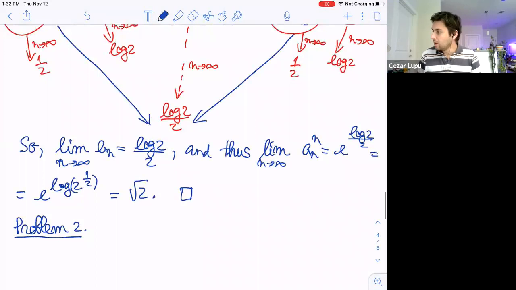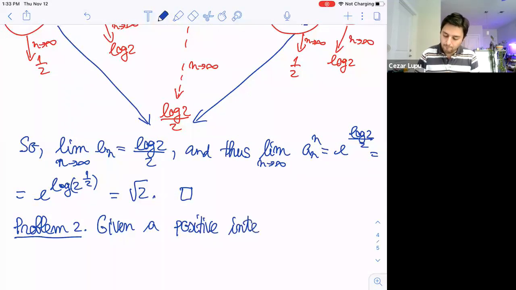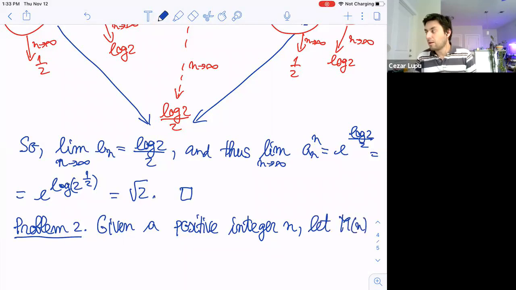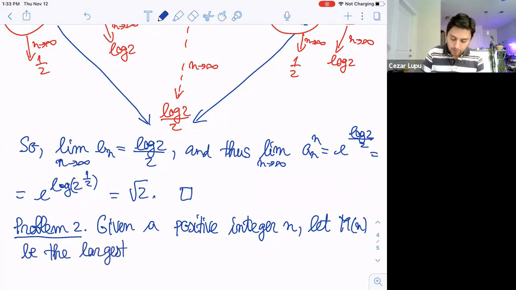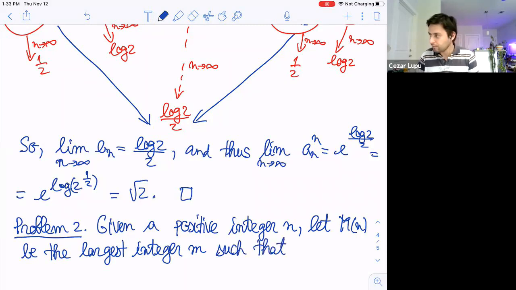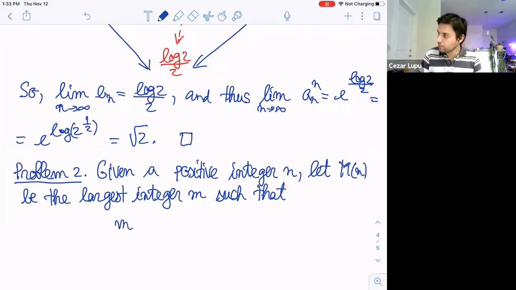It says the following. Given a positive integer n, let m of n be the largest integer m such that we have the following inequality: m choose n minus 1 is strictly greater than m minus 1 choose n.